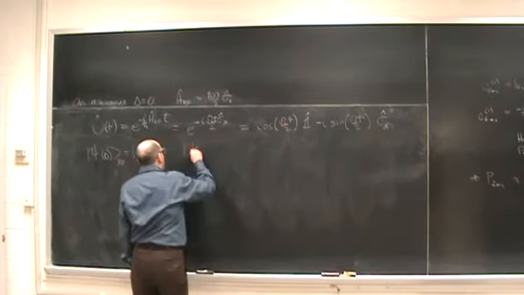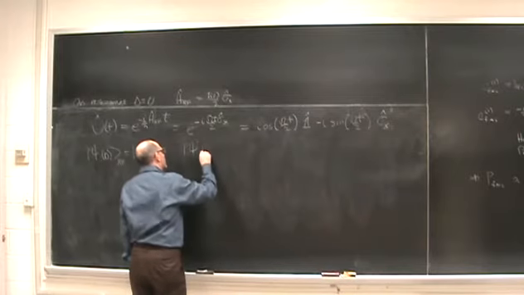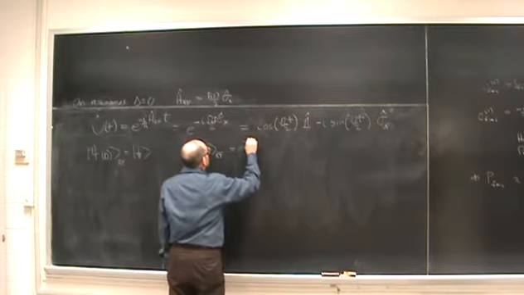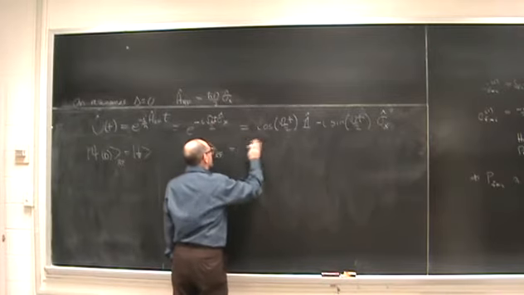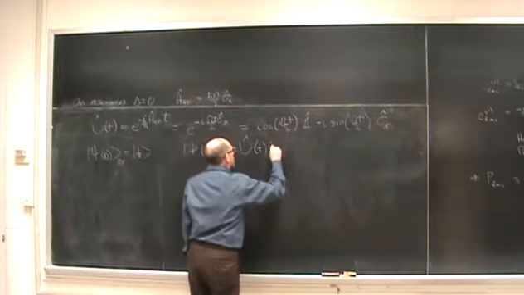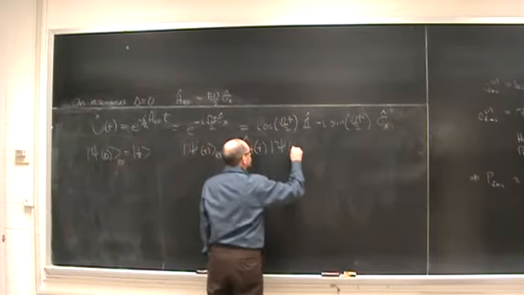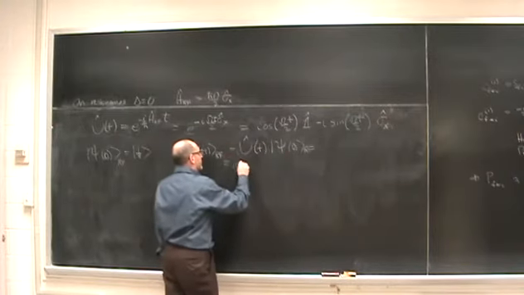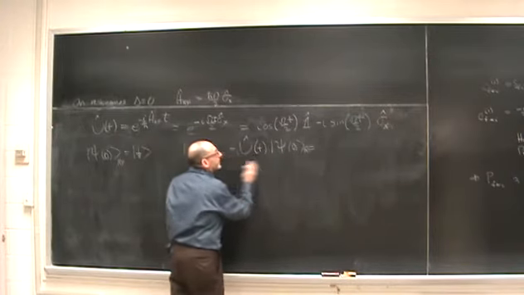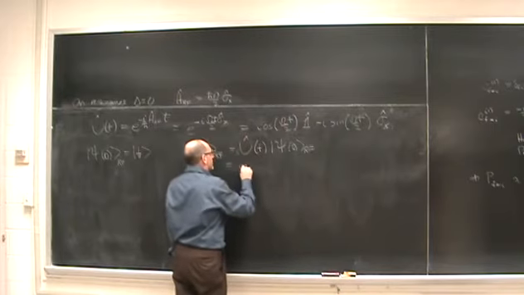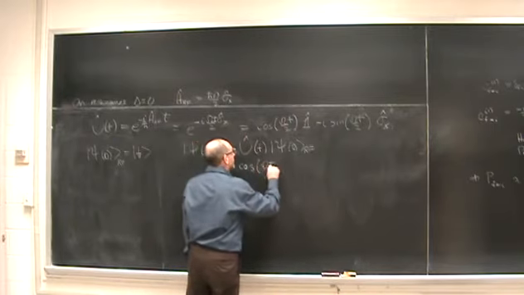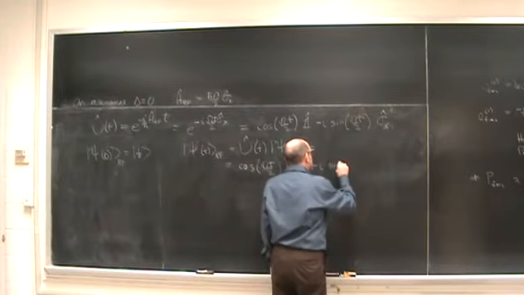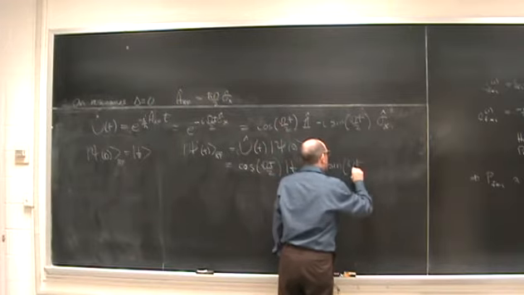So the state at a later time in the rotating frame is equal to the time evolution operator acting on it, which is equal to cosine omega t over 2 down minus i sine omega t over 2 times sigma x acting on spin down.